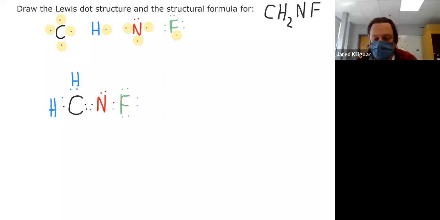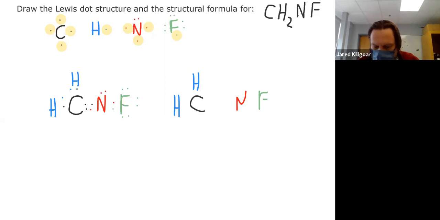Now it's not always that number of atoms, it's that number of bonds. So when you're drawing the structural formula, you draw your elements in the exact same places. Here we go.